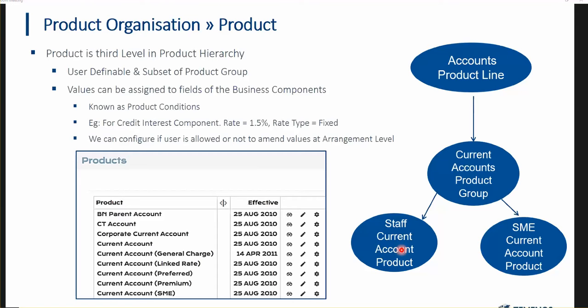Yeah, but I still have a concern with the second layer, the current account product group, because you mentioned it's a current account, so a current account should have a specific category range, right? No category. Don't compare with current account. There's no range, there's no category, there's nothing here.